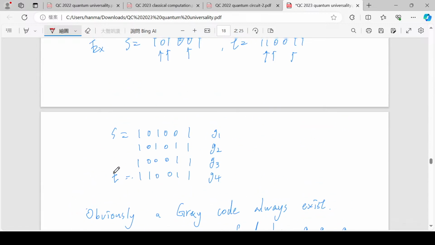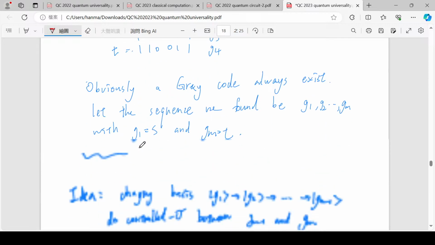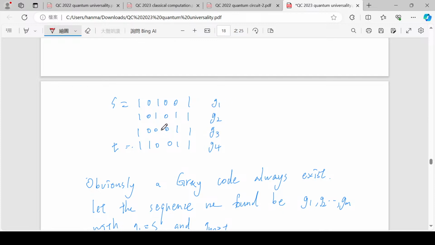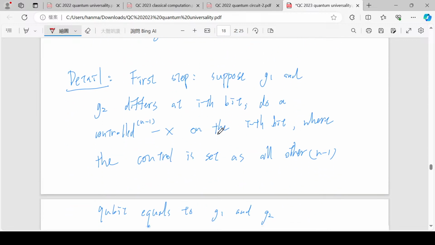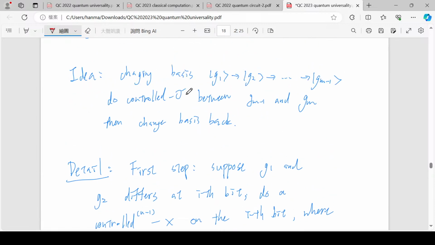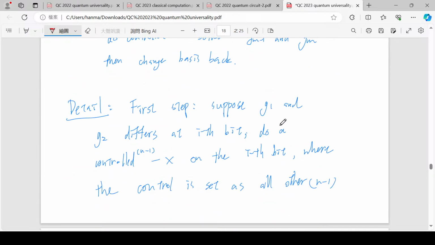And then you will have the 2-level unitary you want to do, and then you can flip your basis back. Okay. So you can bring G1 to G3 here and do a control unitary on the second qubit, and bring G3 back to G1. And so that will be our 2-level unitary.